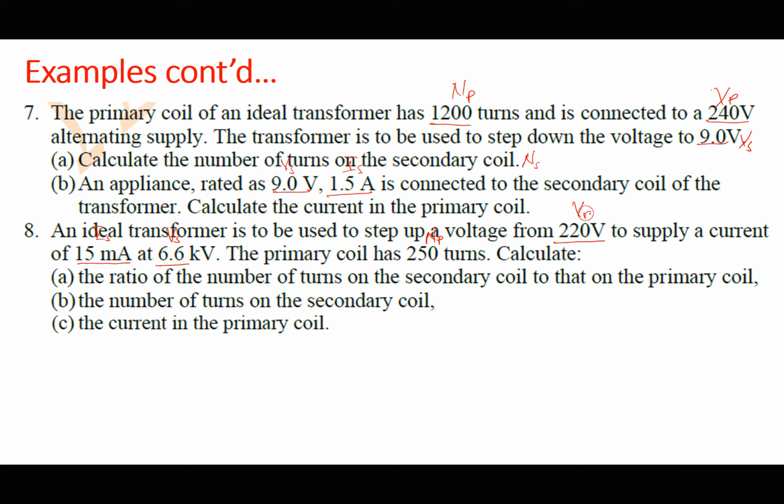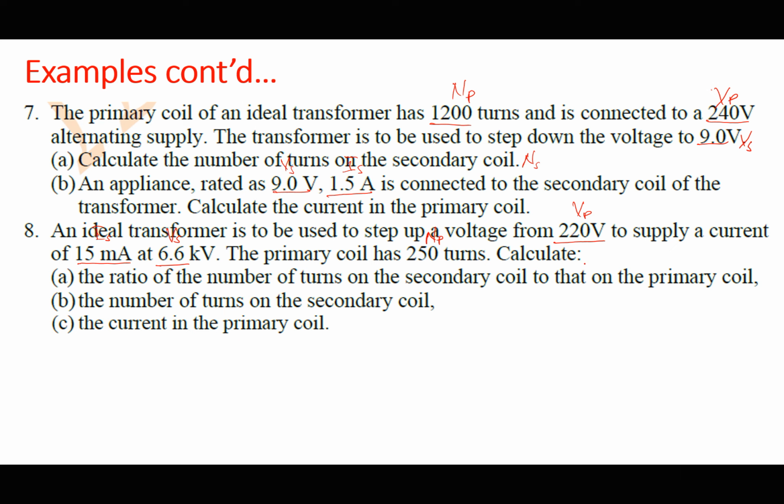So this was voltage of the primary. So you should be able to use the equation that we have just stated to find the ratio of the number of turns on the secondary to that on the primary, the number of turns on the secondary coil, the current in the primary coil.